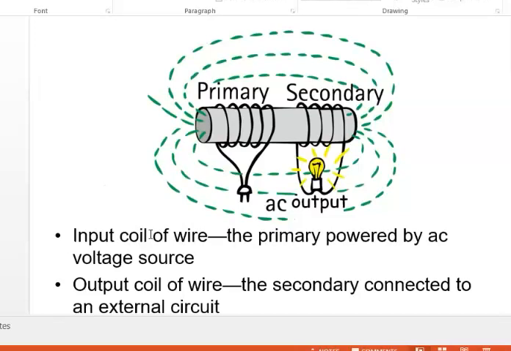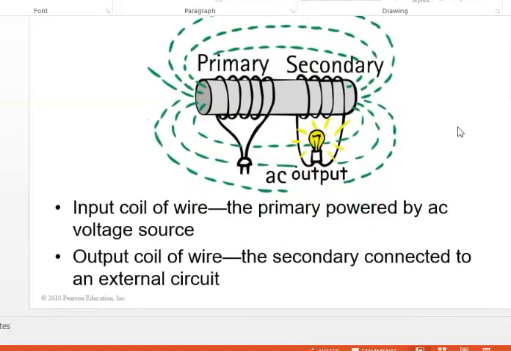Low current means that less energy will be dissipated in terms of heat. As the length of the coil and the wire increases, resistance would increase. The output coil of the wire is the secondary coil connected to the external circuit.